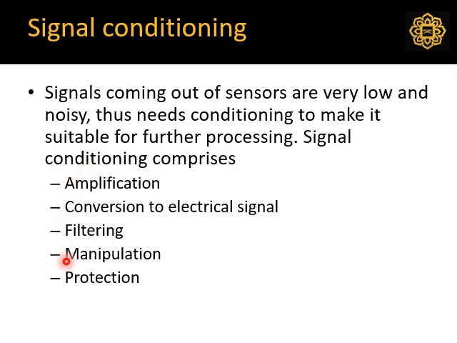Once you do all these things, you go to the next phase, which is signal processing. So let's see how we can carry out various signal conditioning through amplification, conversion to electrical signal, filtering, manipulation, and protection. We will be discussing some mathematical problem examples here as well, inshallah.